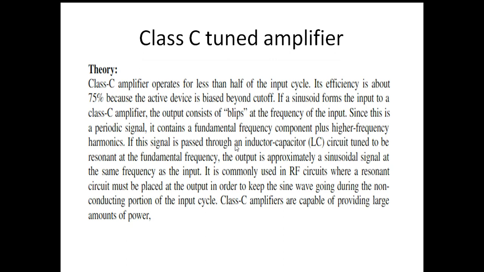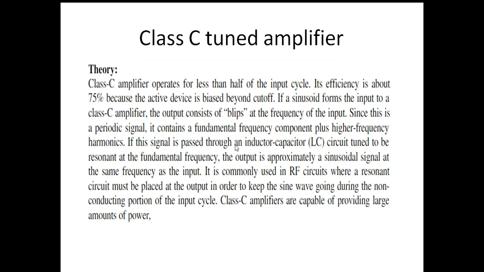Okay, in class A it is 360 degrees, class B 180 degrees, class C less than 180 degrees period of conduction. So in theory, a class C amplifier operates for less than half of the input cycle. Okay, its efficiency is about 75% because the active device is biased beyond cutoff. Of course, the efficiency may be increased, but the period of conduction is less than 180 degrees.